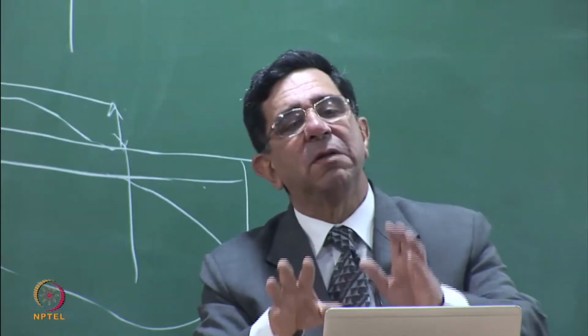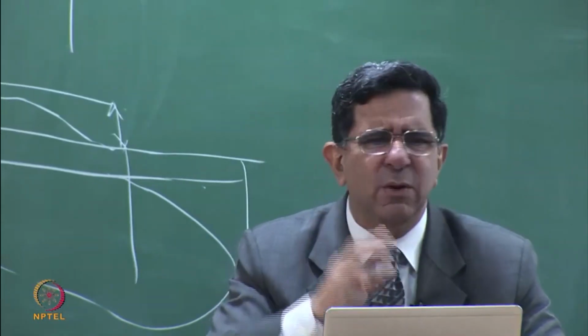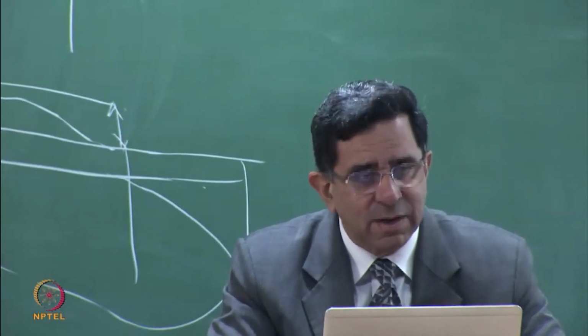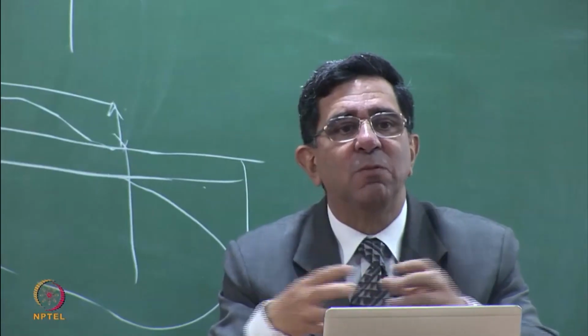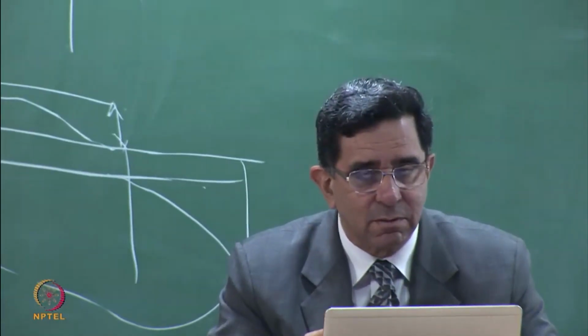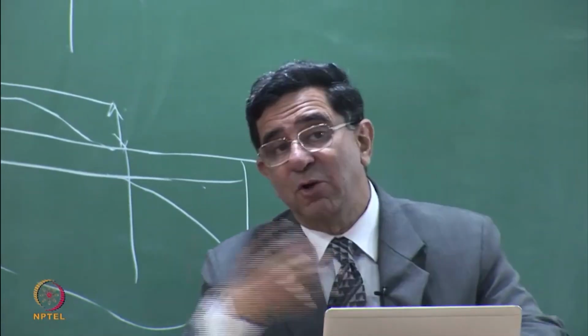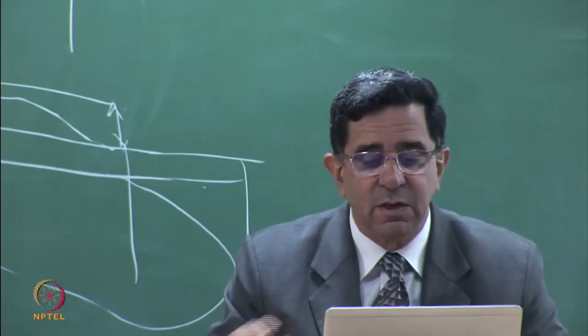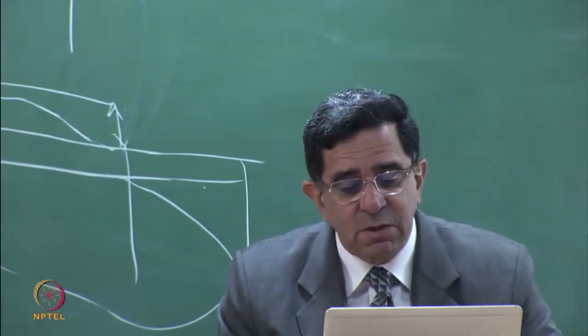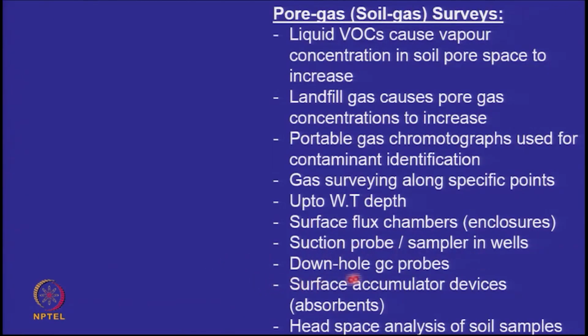I will leave the chamber there for 1 week because I am not getting adequate concentration. But in 1 week that gas would rise and this absorbent will keep on absorbing. Then you take that absorbent away and analyze it to see how much of the gas I have absorbed in 1 week. So you can have surface flux chambers, suction probes, down the hole probes, and absorbents or surface accumulator devices.